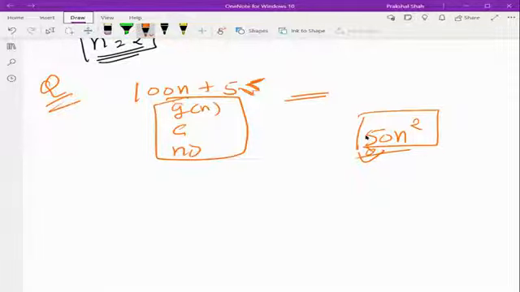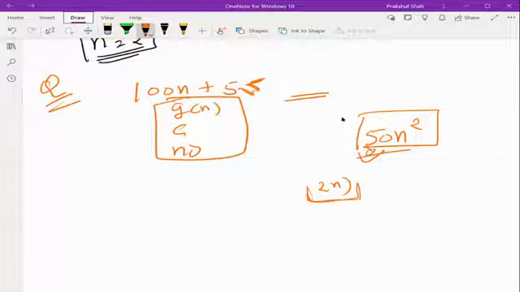Dipanshu is saying that n0 would be 5, c will be 2, and g of n would be 2 into n. So can I say it's 4n? Okay, 2n. This is 2n, right?